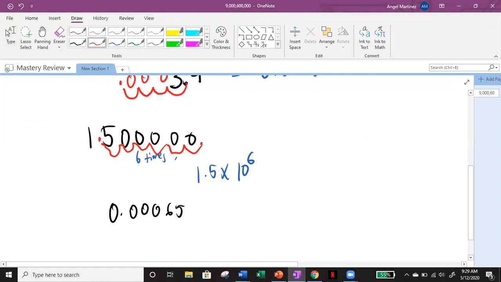We start at the decimal and go until we get a number between 1 and 10. 1, 2, 3, 4. 6.5 is more than 1 but less than 10. So the answer will be 6.5 times 10, and we moved 4 times, so it's 10 to the negative 4 since it's a smaller number. That's it for this.